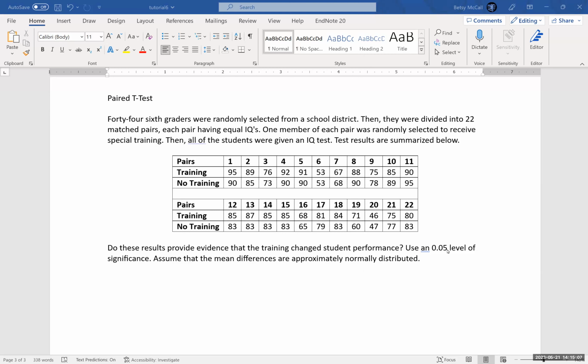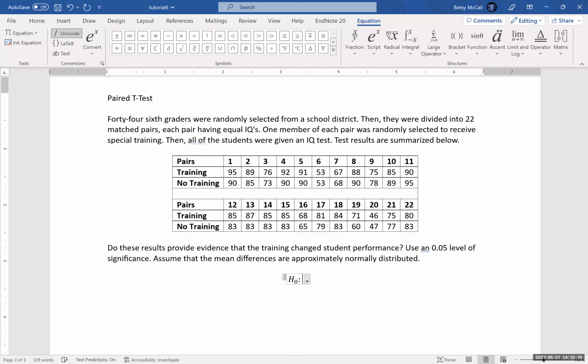All right, so we're going to use a standard level of significance. We should state our null and alternative hypotheses before we do anything else. The null is that the two groups are the same. Typically we use delta, the Greek version of D, and D stands for the difference.